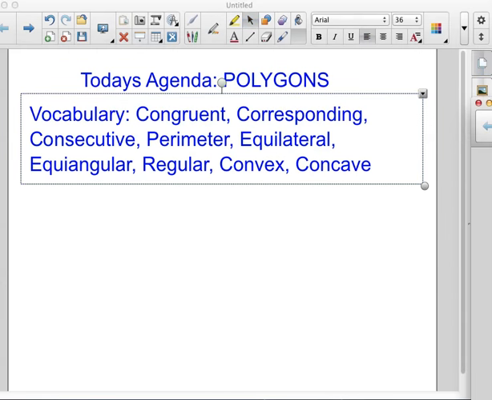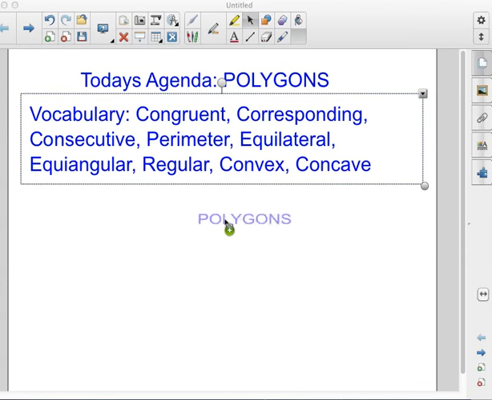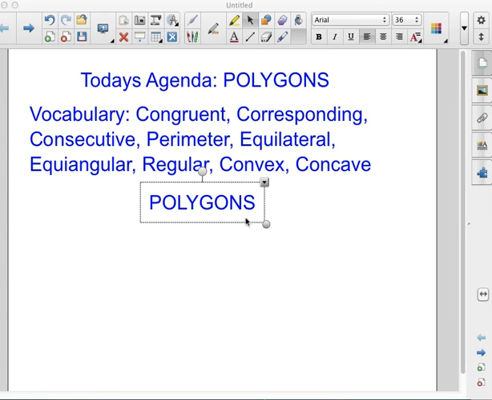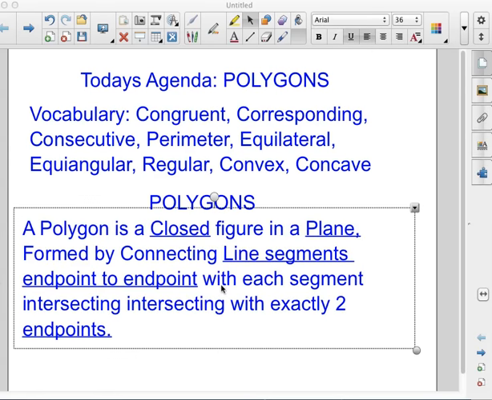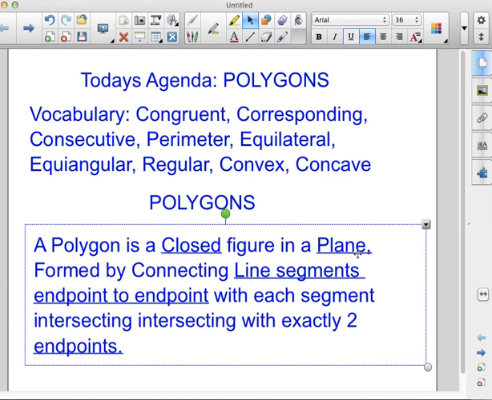And before we start discussing these definitions, let's define what a polygon is. Okay? A polygon is a closed figure in a plane. We all know what a plane is. So it's a closed figure in a plane formed by connecting line segments endpoint to endpoint, with each segment intersecting with exactly two endpoints.